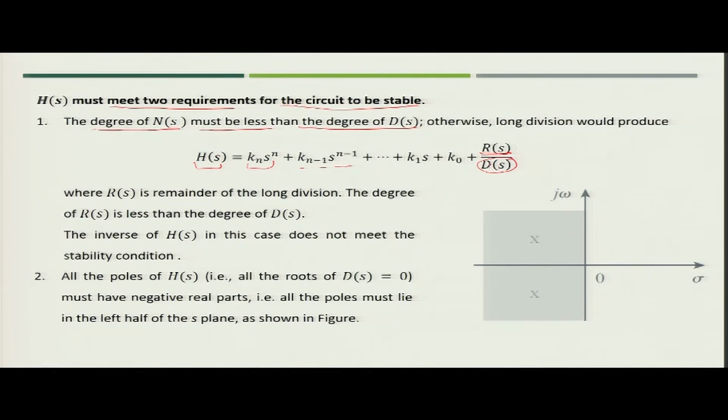So, when you divide N(s) by D(s) and simplify, you can represent H(s) as some expression plus some residual divided by the denominator. Now, in this particular expression, the degree of R is less than the degree of D, so this will anyway be stable when t tends to infinity.